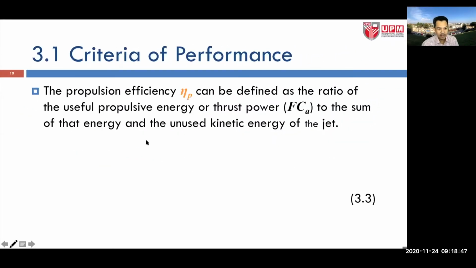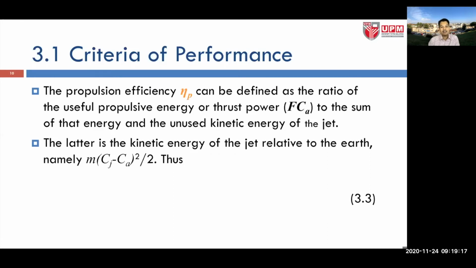Let us look at the propulsive efficiency or the propulsion efficiency zeta P, and that can be defined as the ratio of the useful propulsive energy or the thrust power, which is F times Ca, the thrust times the air velocity coming into the propulsive jet, to the sum of that energy and the unused kinetic energy of the jet.